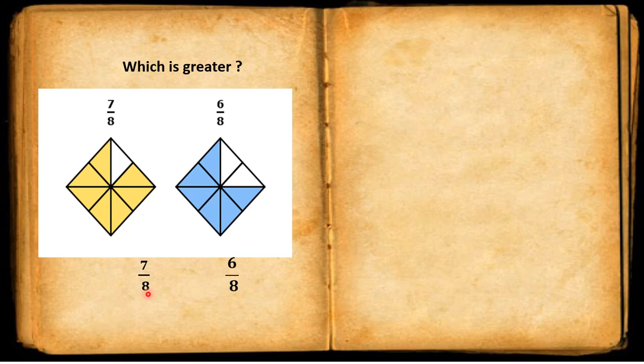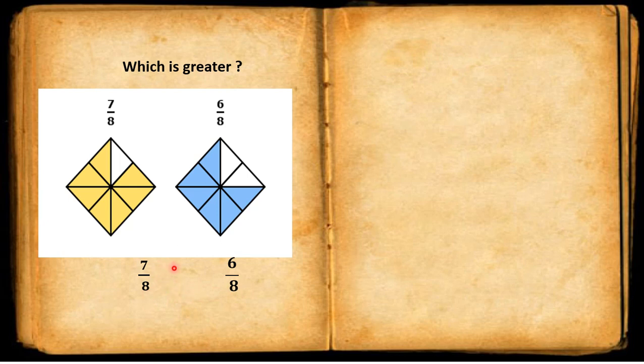In 7 upon 8 and 6 upon 8, 8 is in the denominator position. So when we have to compare two fractions, first we have to observe whether the denominators are the same. If the denominators are the same, then only we can compare the two fractions.